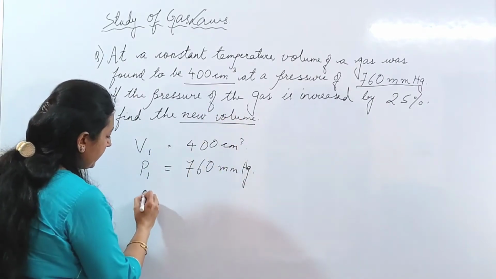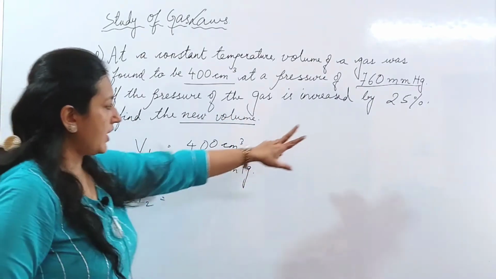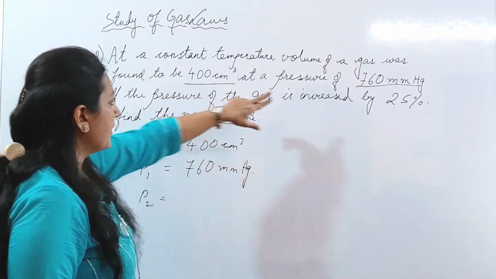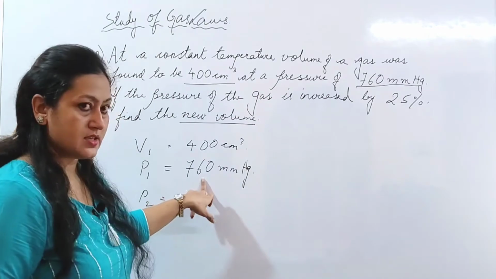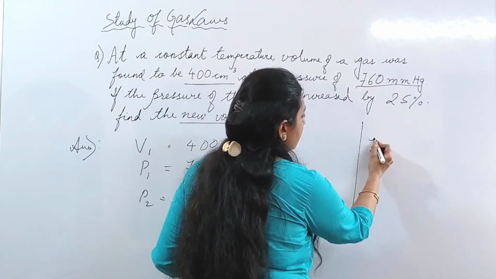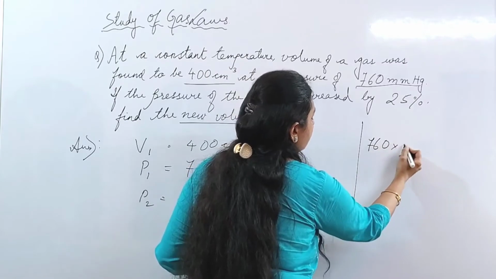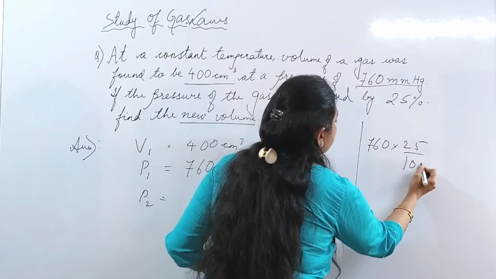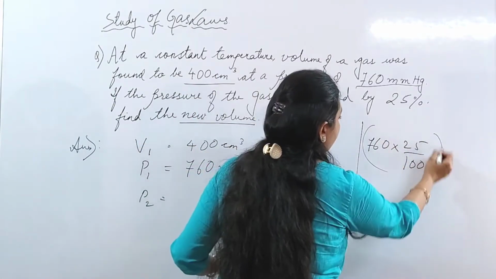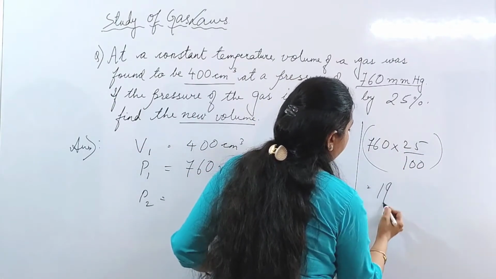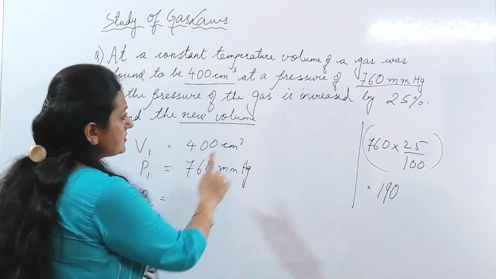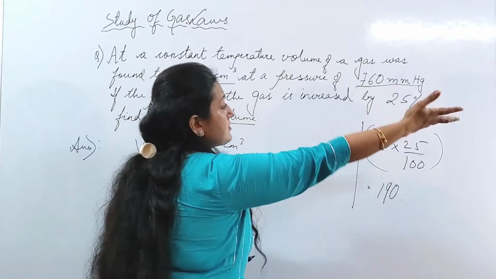That means P2 is, what is P2? It is 25% of P1. What is P1? 760. So what is 25% of 760? On calculating this, you get 190. Now P2 is, the pressure of the gas is increased by 25%.